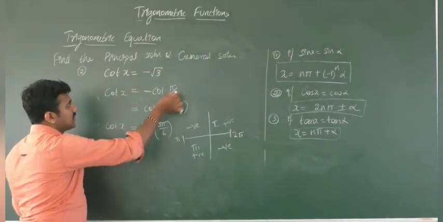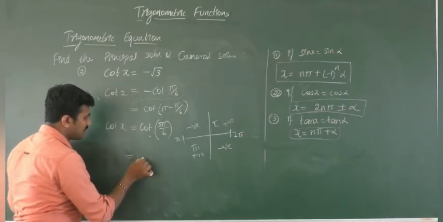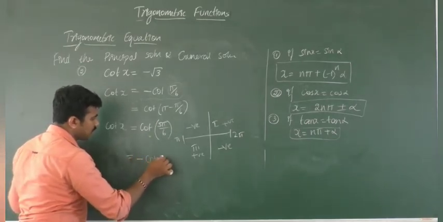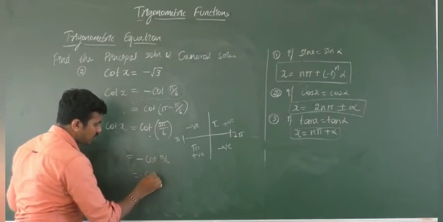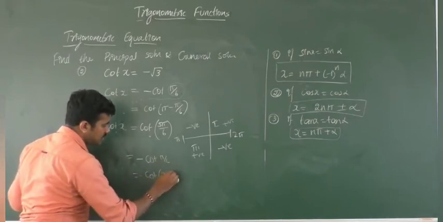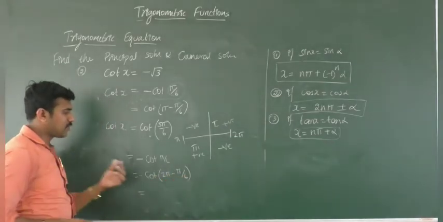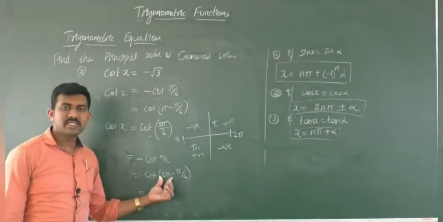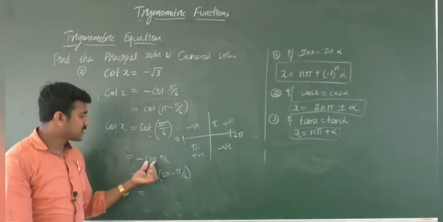See, theta is nothing but, we know, pi by 6. So the same you use here, minus cot pi by 6, and consider, minus cot pi by 6 can be written as cot 2 pi minus pi by 6. Whether it is correct? Because for cot 2 pi, 360 degree, if 360 degree minus theta or plus theta comes, it is the same trigonometric function.